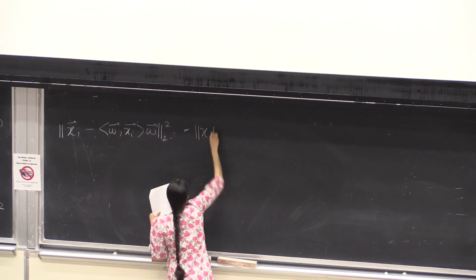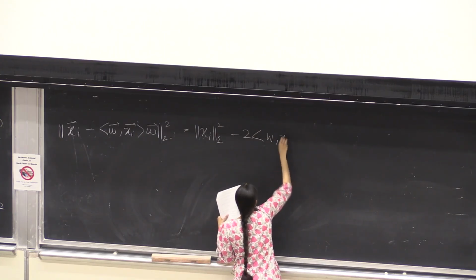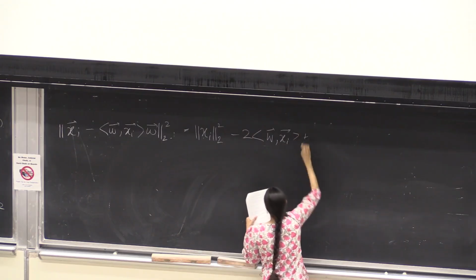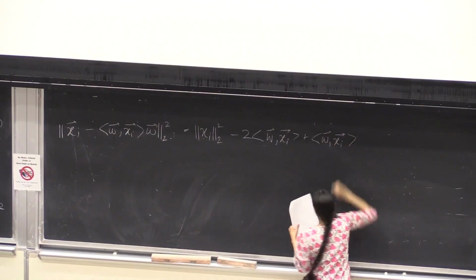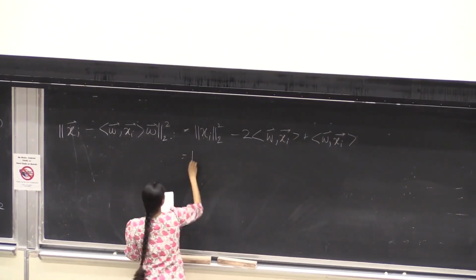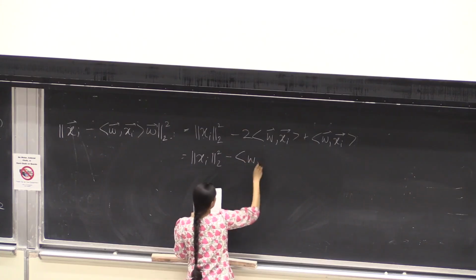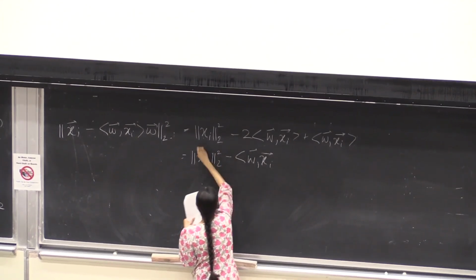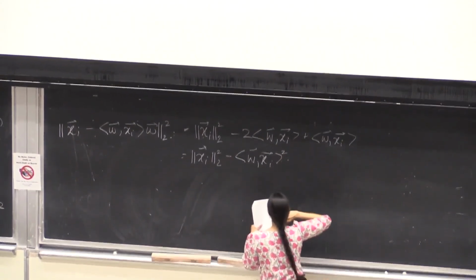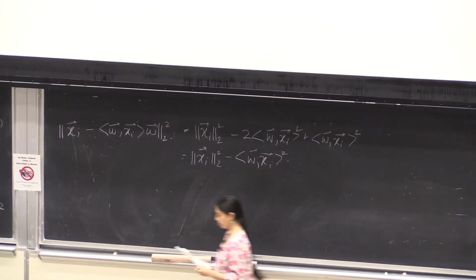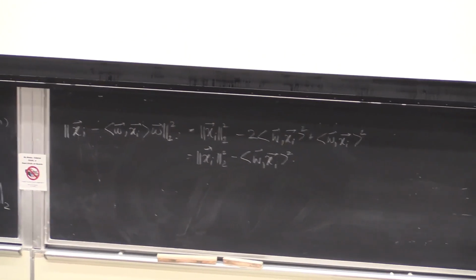This is norm xi squared minus 2 inner product w xi plus norm w inner product xi squared. Okay. So this is our error term, and what we're trying to minimize is the average of the errors.